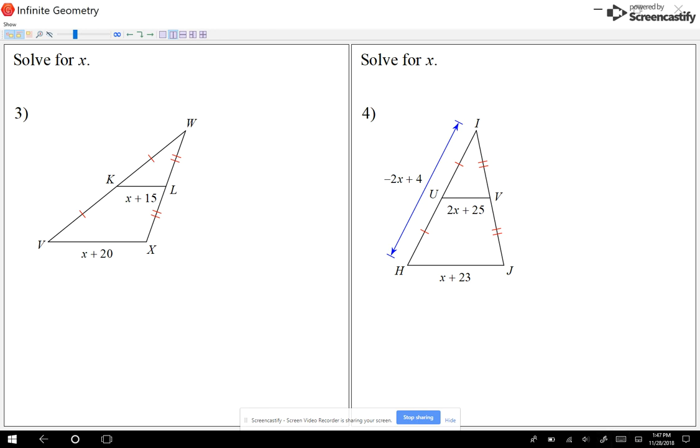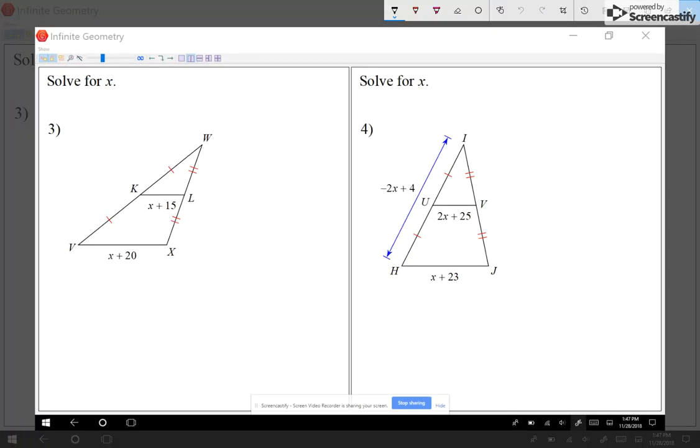Taking a look at question number 3, I'm going to pick it up a little. So remember that KL is half of VX, right? Because the mid segment is half of the other side. Now, I cannot divide x plus 20 by 2. The 20 we can divide by 2, but the x we cannot divide by 2.